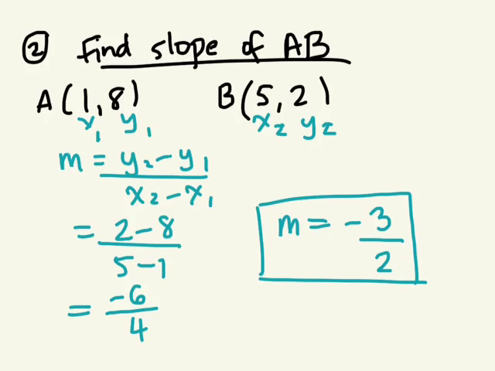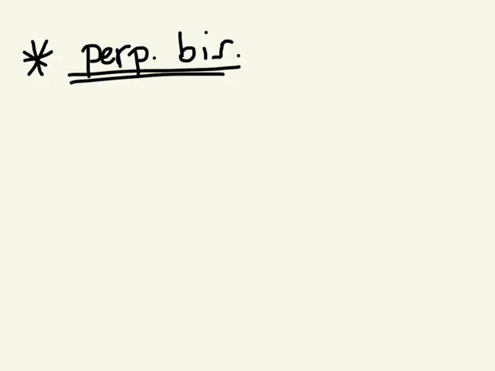Okay, so we know the slope of AB, which was the original line. It has a slope of -3/2, which means, what does the slope of the perpendicular bisector have to be? +2/3, exactly. Okay, so I'm just going to put perp bisector. This is the information we know about the perpendicular bisector.